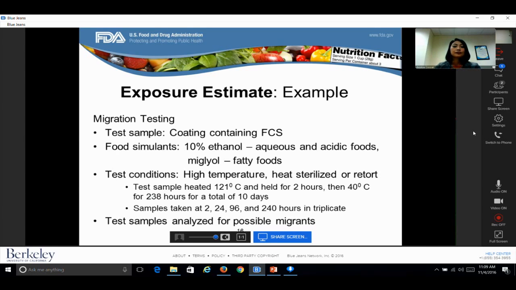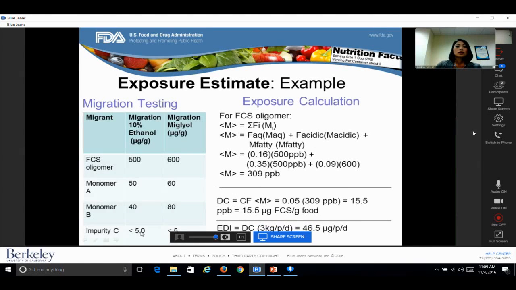Now, again, all of this information is in our guidance, and depends on the conditions of use. So if it's going to be used at different temperatures, we have different testing conditions. And then the test samples should be analyzed for all of the possible migrants, not just the FCS.